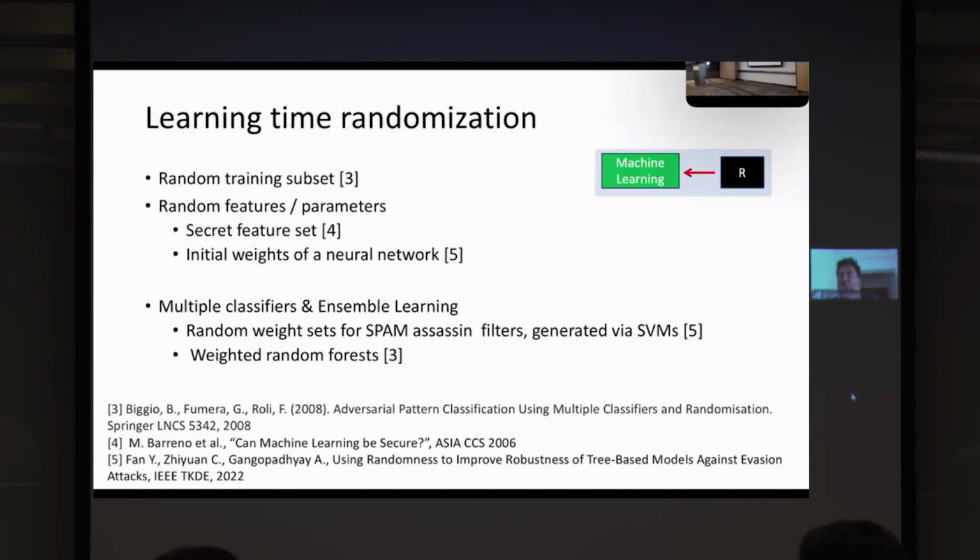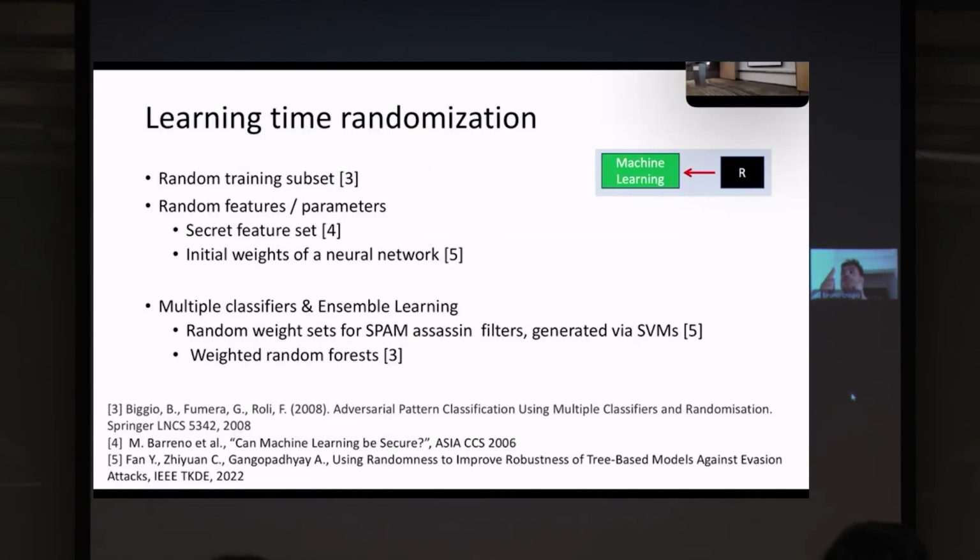At learning time, these are some of the most important papers that you can see referenced here that propose randomization. Some papers propose to put randomization in the training set, because the common assumption is that the attacker knows the training data set, but he doesn't know which subset you may use in order to train your learner, because you don't need to use the entire training set.